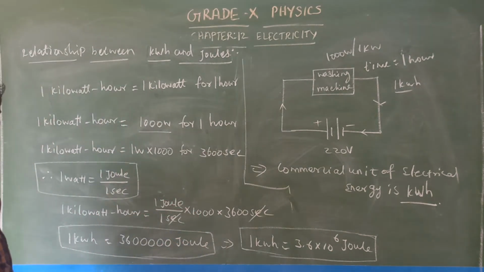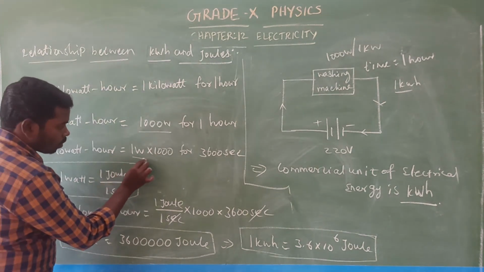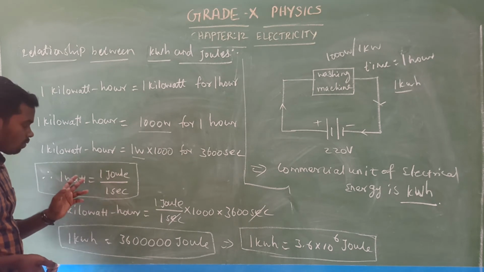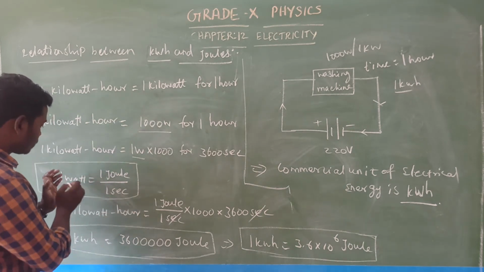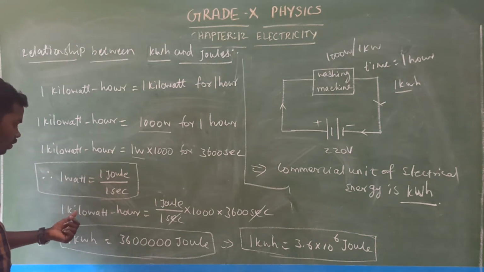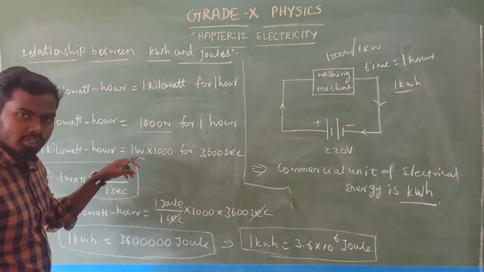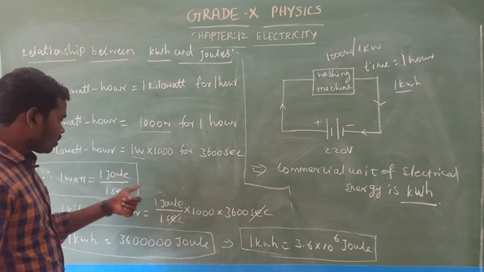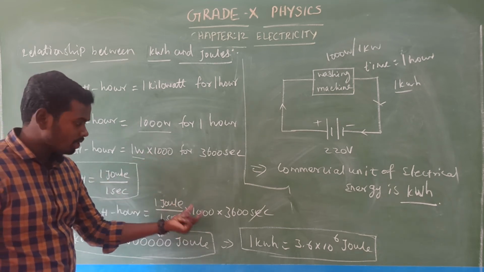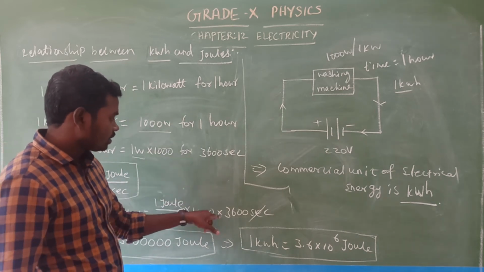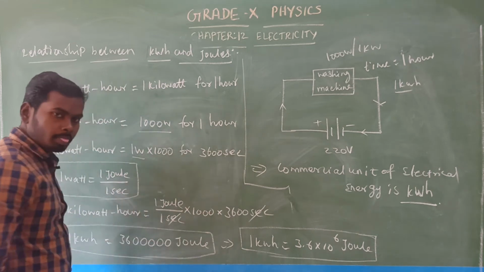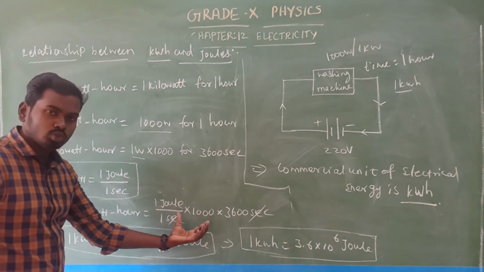Already we know 1 watt is equal to 1 joule divided by 1 second. So substitute this 1 watt value in this formula. Left hand side is 1 kilowatt hour, which is equal to 1 joule divided by 1 second, into that 1000, which remains the same, into 3600 seconds. Here seconds cancel, and you just multiply the remaining terms.